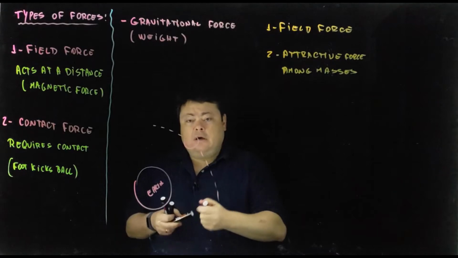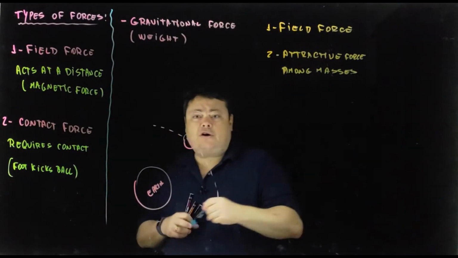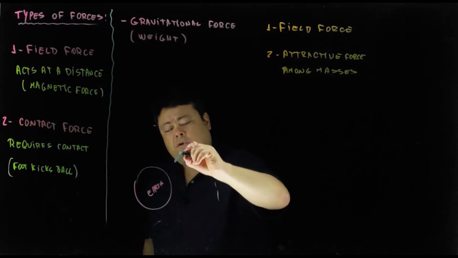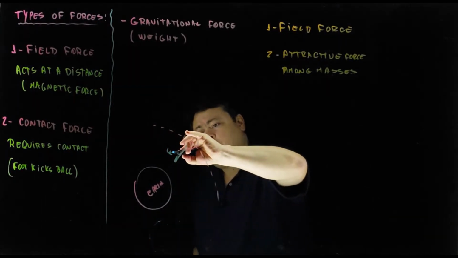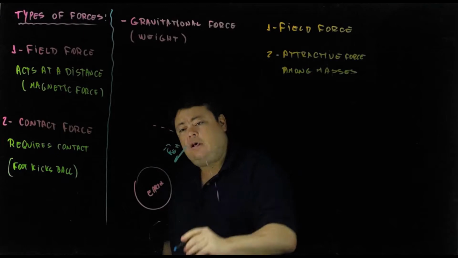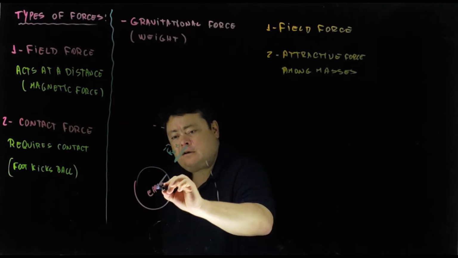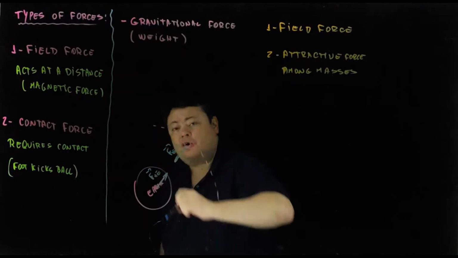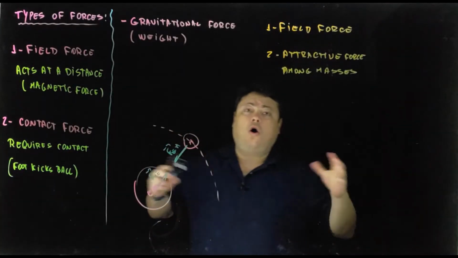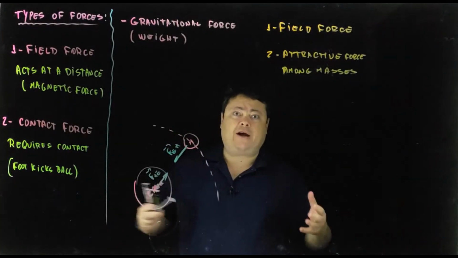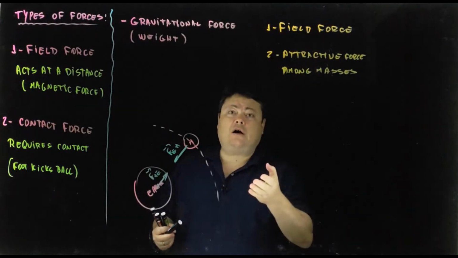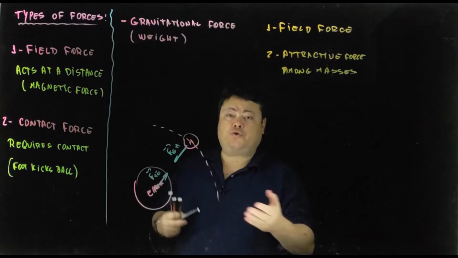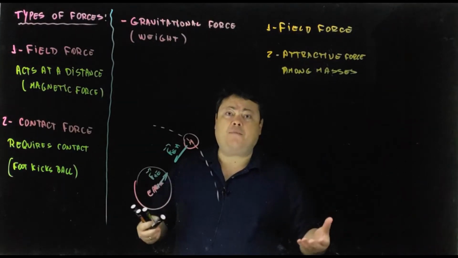So, the mass of the Earth attracts the mass of the moon, exerting a force of the Earth on the moon, and then the moon reacts back, exerting a force of the moon on the Earth. All masses in the universe are attracting all masses. Right now, you are attracting and being attracted by your computer screen, your phone, your pens, your papers.